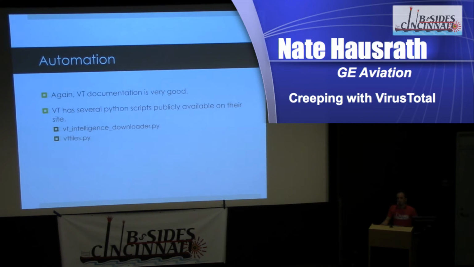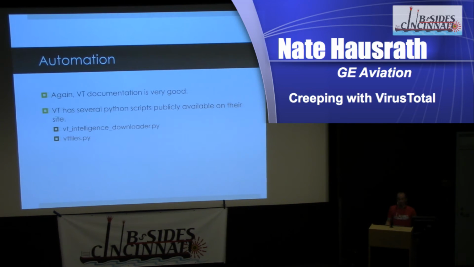They're big on Python, I'm big on Python, who isn't? They provide a lot of code examples that do all their API calls and show you how to use them. They also provide a couple of scripts publicly that all you have to do is put your API key in and run them, and they'll do the things that they want to do.